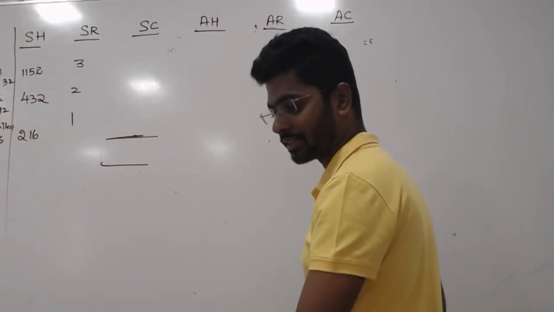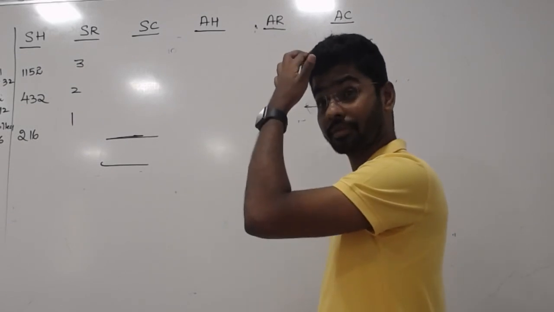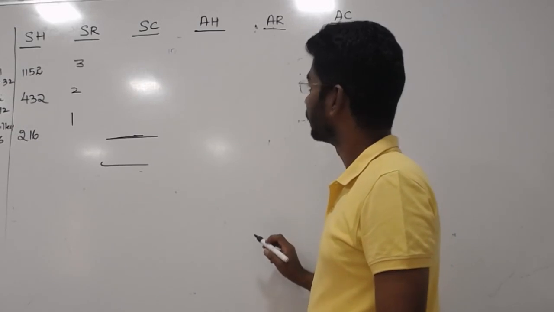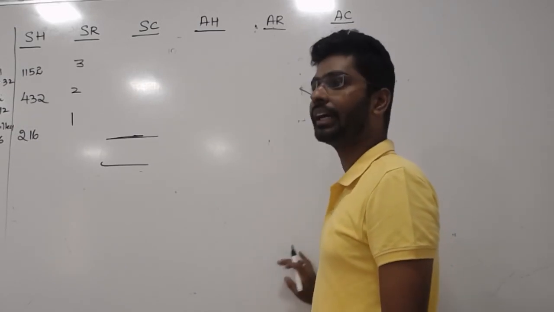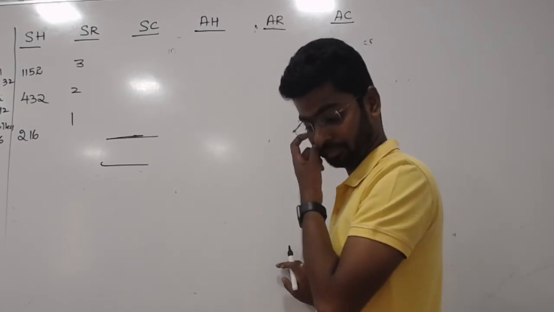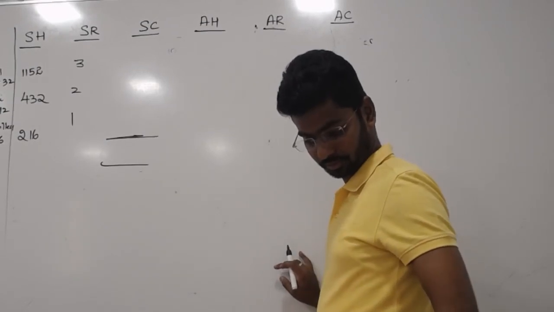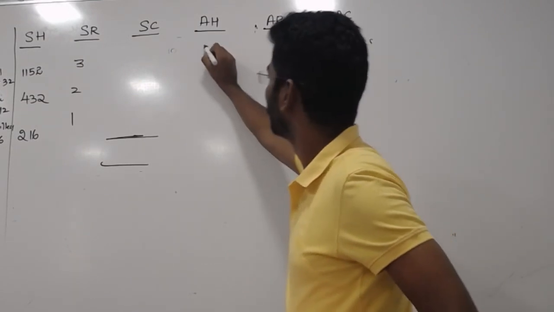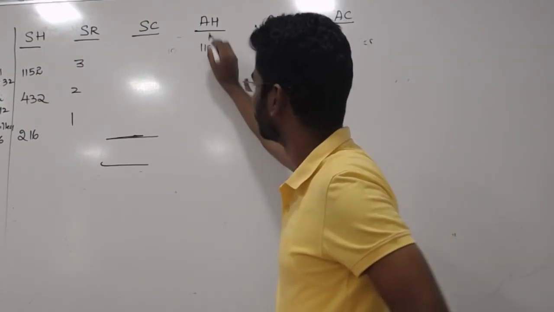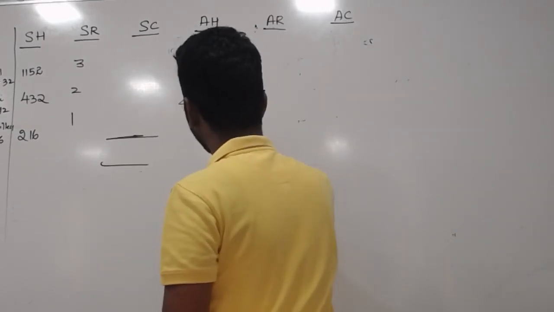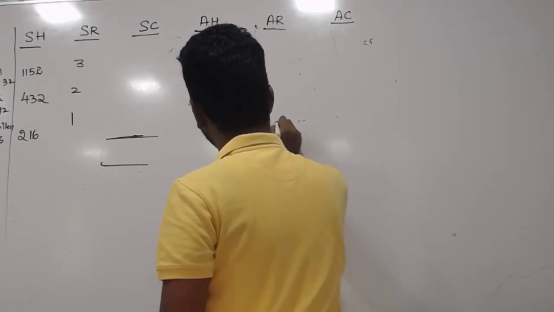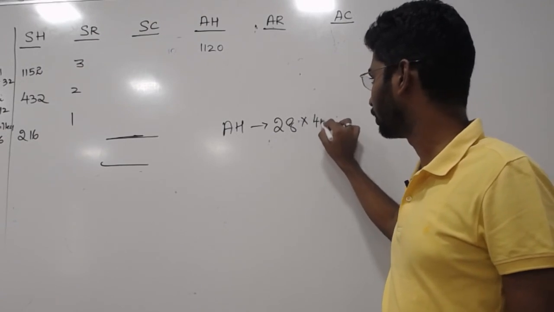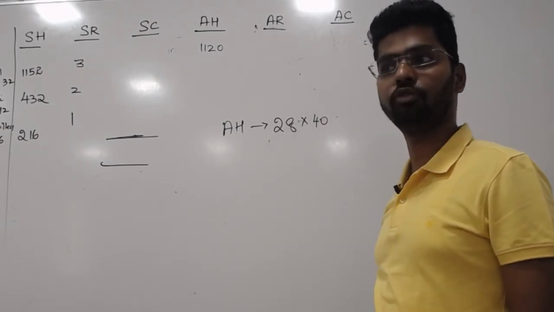What's your actual hours? 28 employees, 28 into 40. 1120. Again, how did I get my actual hours? There are 28 skilled labors, 28 into 40.